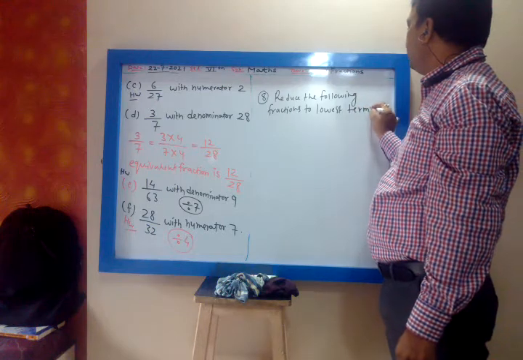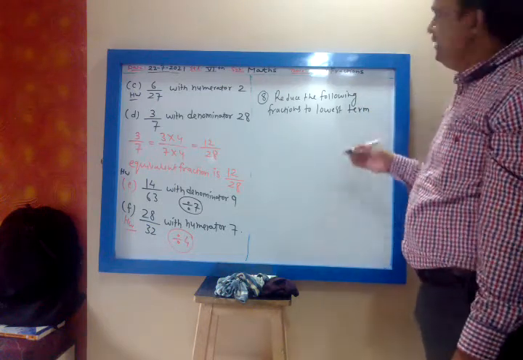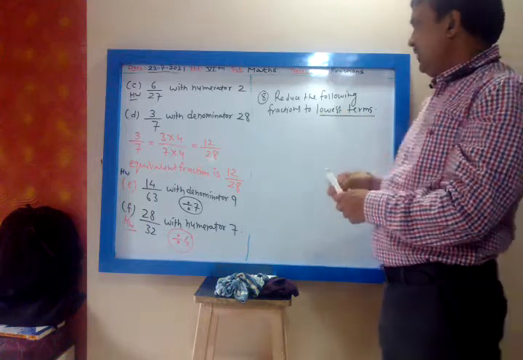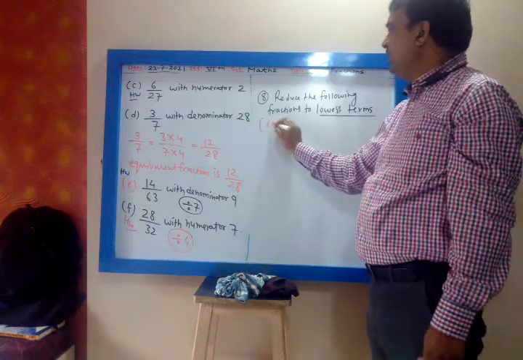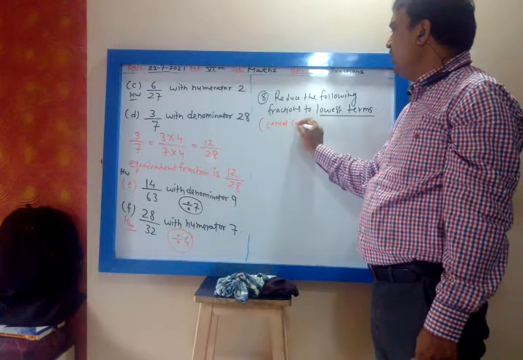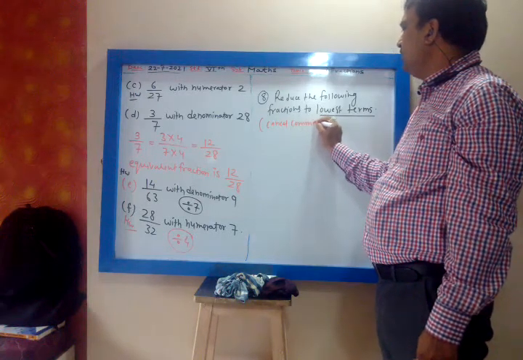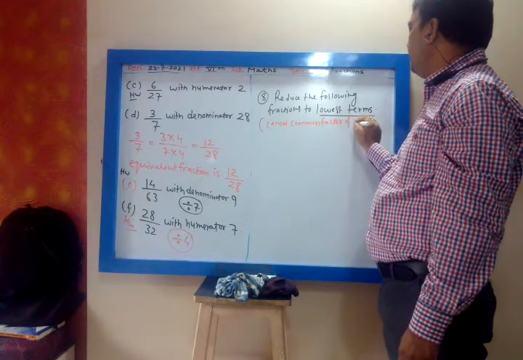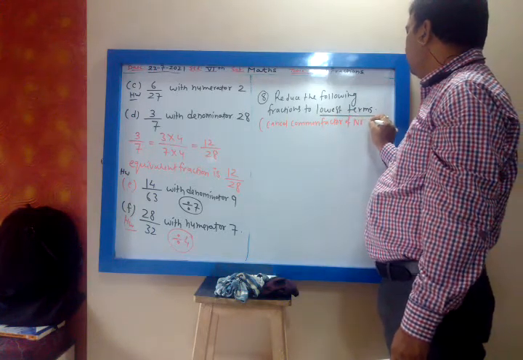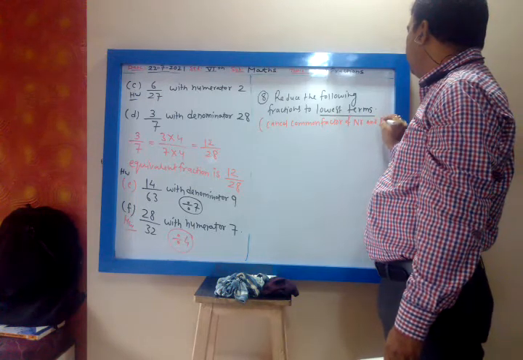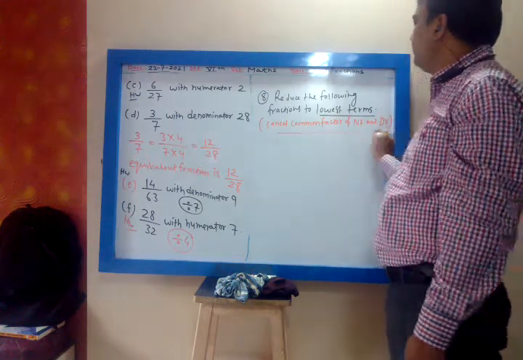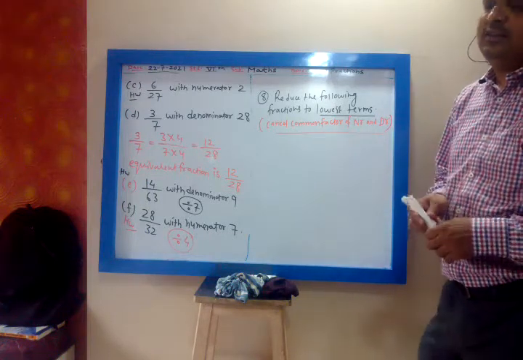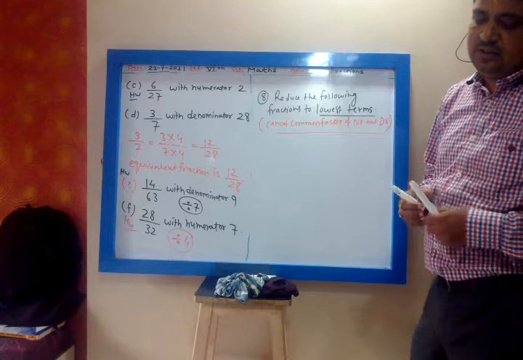Lowest term means cancel the common factor of numerator and denominator. You will get the lowest term. To get the fraction into lowest term, we cancel the common factor of numerator and denominator.